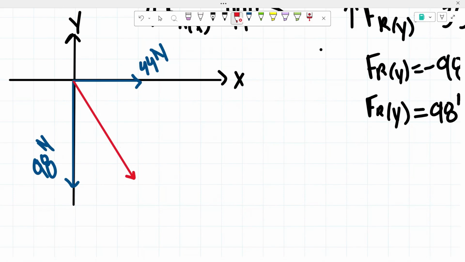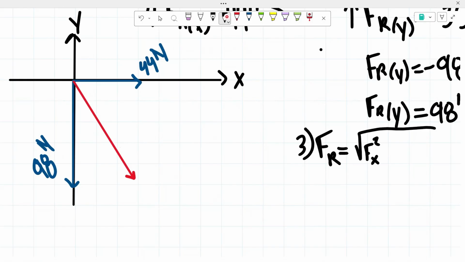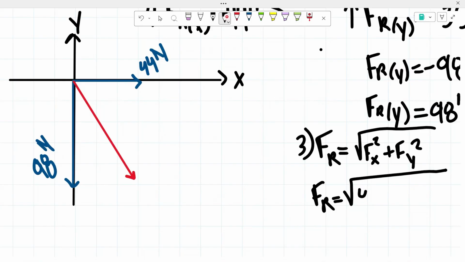So we're going to determine the magnitude of that resultant force. Remember, step 3, our resultant force is equal to the square root of Fx squared plus Fy squared. So our resultant force is equal to the square root of 44 squared plus 98 squared.